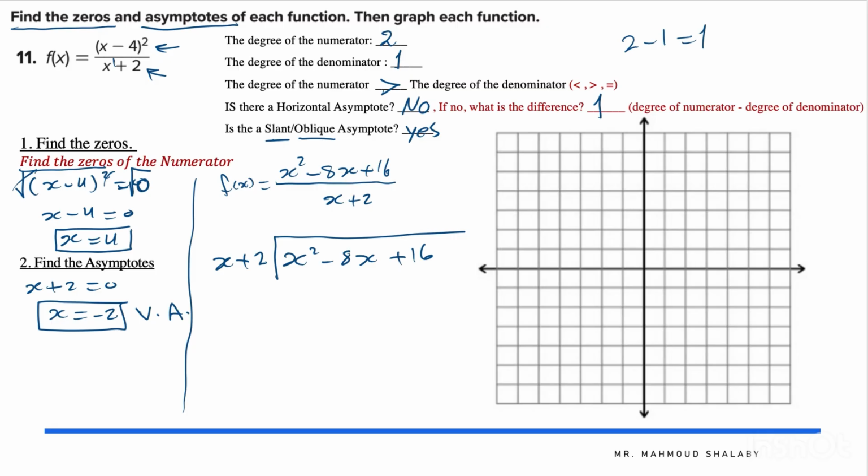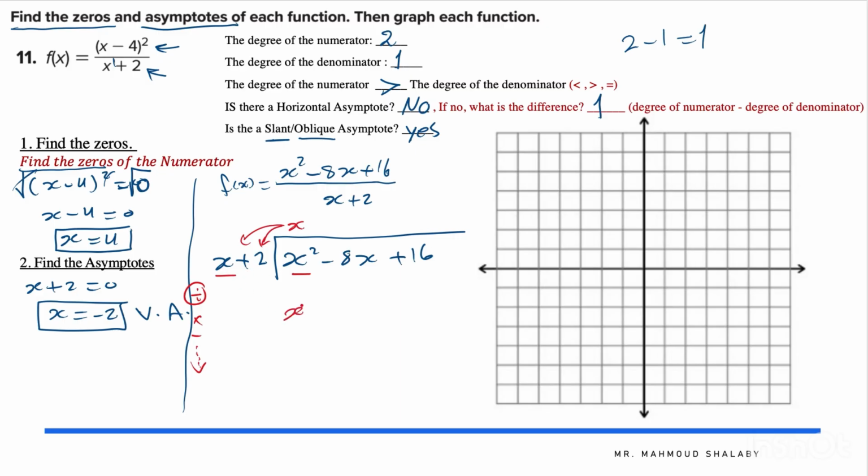Remember how to do the long division: divide, multiply, minus, bring down, or minus we can say change the sign. Always we start by dividing first by first. X squared divided by x is x. When we multiply, we multiply by both. We divide first by first only every time we go down, but when we go back to multiply, we multiply by both.